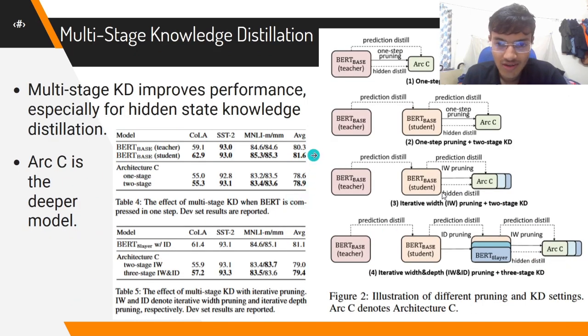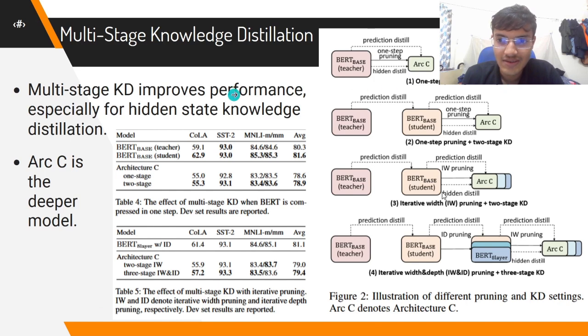These are four different knowledge distillation schemes which were presented in the paper. The first scheme is one-step tuning plus one-stage knowledge distillation. In this, we tune the BERT model from the teacher to architecture C, which I told you about earlier, the deepest architecture, which was giving the highest accuracy.